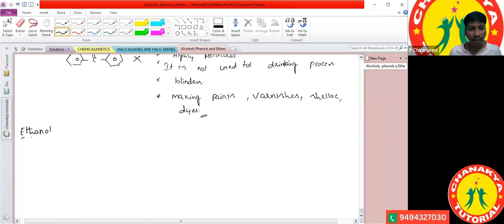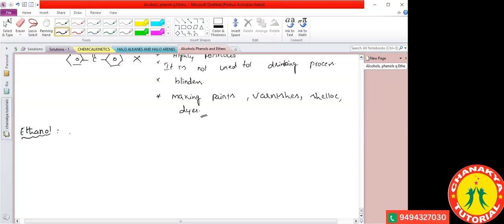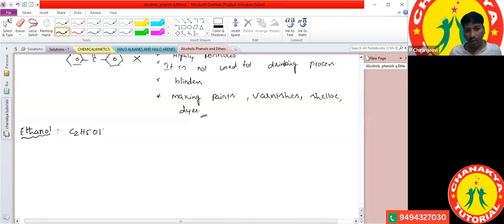Preparation of ethanol. What is the molecular formula of ethanol? CH3CH2OH, C2H5OH. C2H5OH is called ethanol. How do you prepare ethanol?